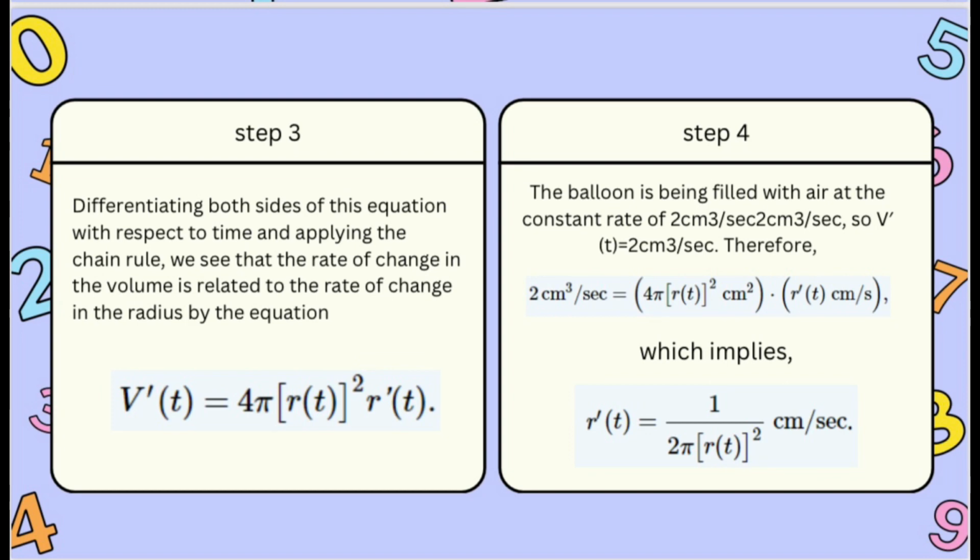Step 4. The balloon is being filled with air at the constant rate of 2 cm³ per second. So, V' equals 2 cm³ per second. Therefore, 2 cm³ per second equals 4π r² cm² times r' cm per second, which implies r' equals 1/(2π r²) cm per second.